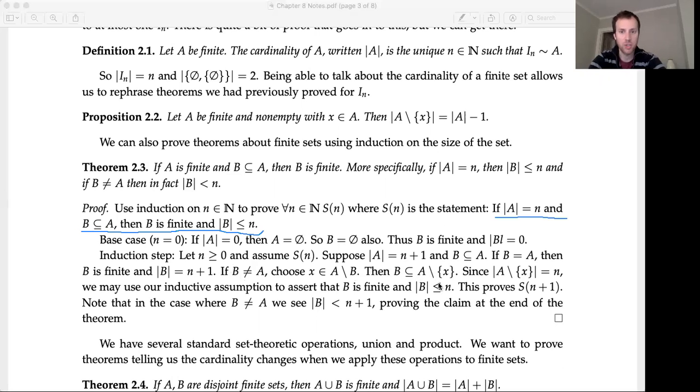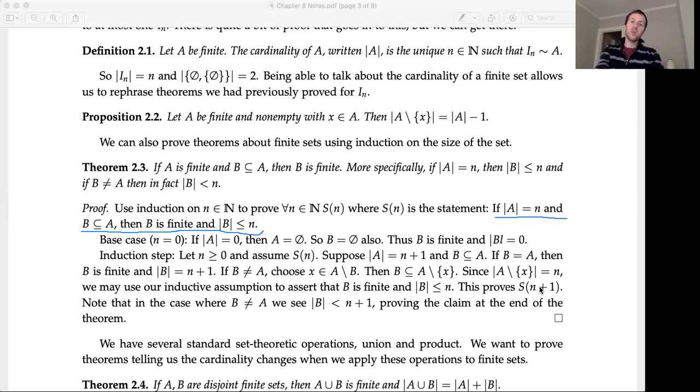By this proposition up here, if we remove an element, our cardinality decreases by 1. So since A had n plus 1 elements, A minus x has n elements. And then this is where our assumption applies. Here is a set, it has size n, B is a subset of it, and that's exactly what the assumption applies to. So by this assumption, we can say that B is finite and has size less than or equal to n. And that is what we wanted to prove.